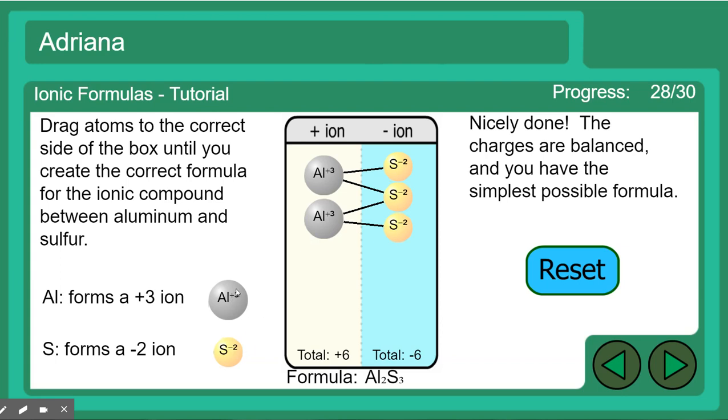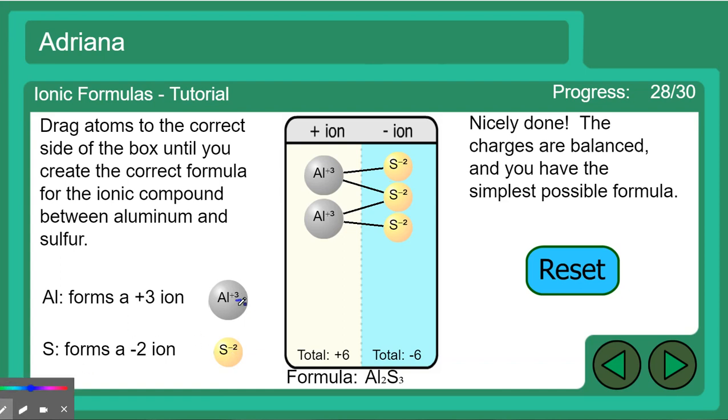When you're balancing ions, you can take the charge of the opposite ion. So let's say I want to know, how many sulfide ions do I need when I'm forming an ionic crystal with aluminum? Take the charge on the aluminum and say we're going to need 3 of these. It would be clearer if I draw it already in the format of the formula.